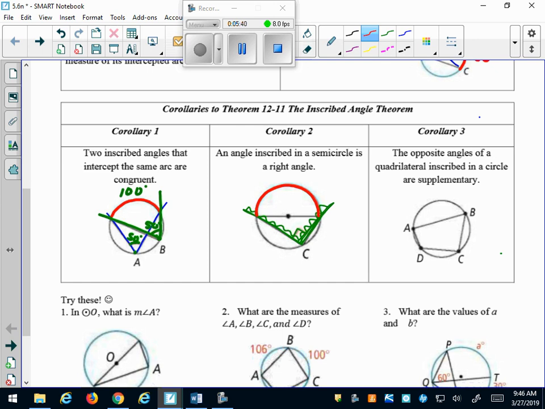All right, and corollary 3 says the opposite angles of a quadrilateral inscribed in a circle are supplementary. Okay. Well, when you have a quadrilateral inscribed, meaning the endpoints are right on the circle, basically what that is is two inscribed angles.